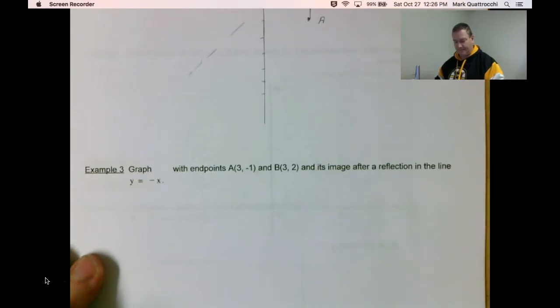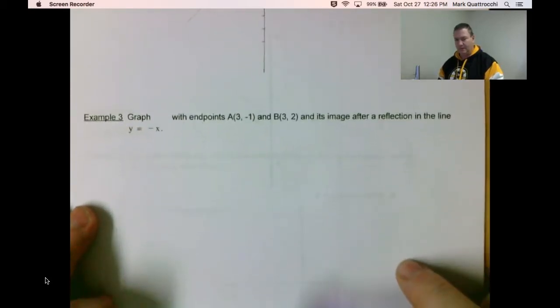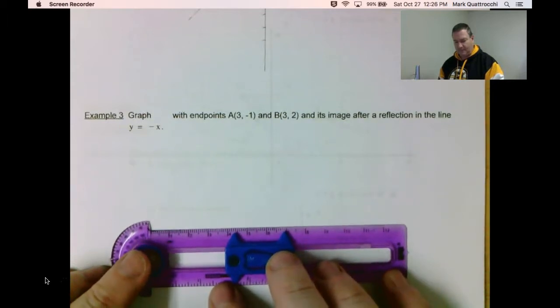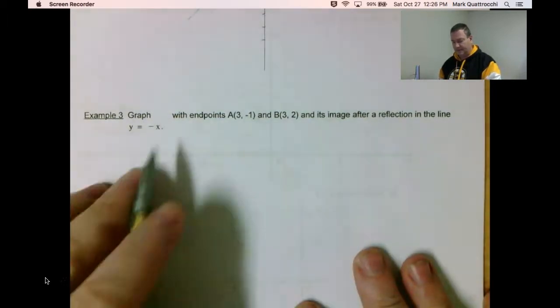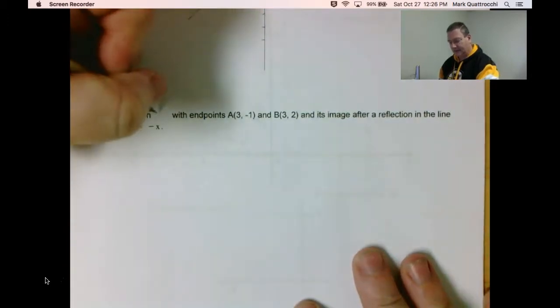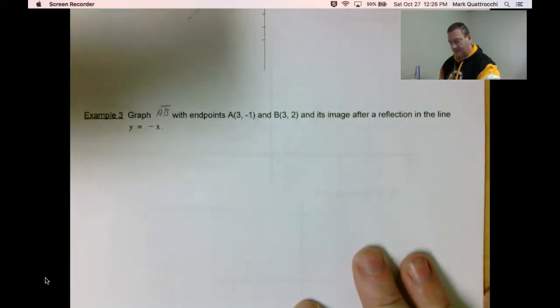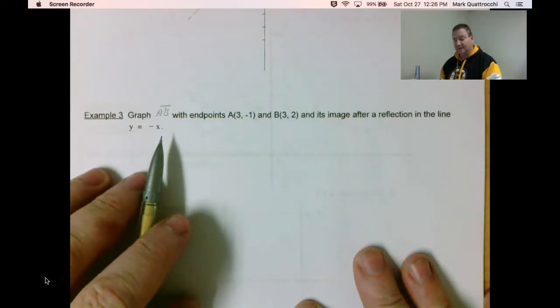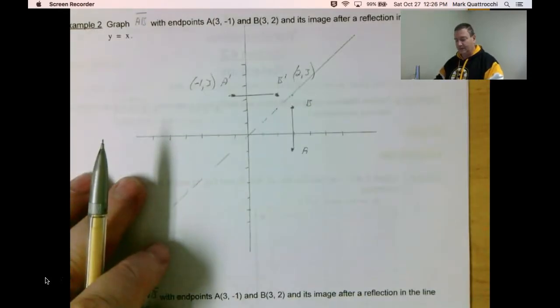Example 3. A little bit harder when the graphs didn't print out. So we're going to reflect the exact same segment AB, and we're going to do its reflection in the line y equals -x this time. Since I don't have my graph printed out here, I'm going to use this one.